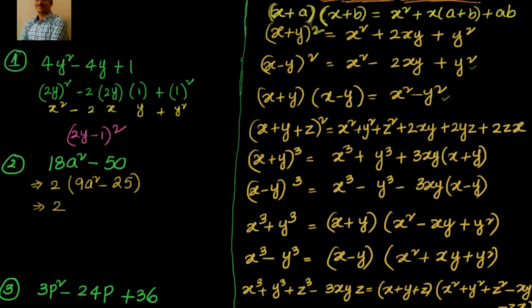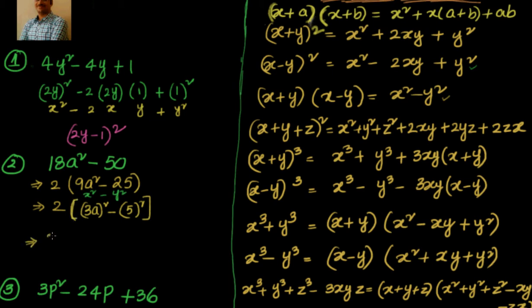Now this is in the form of x square minus y square. So I can write 9 as 3 square, 3a whole square minus 5 whole square.